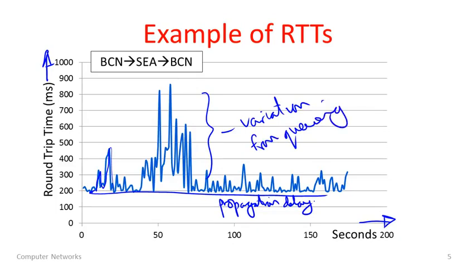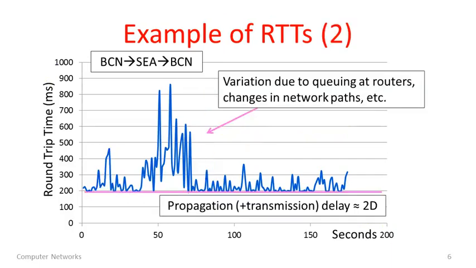When packets get queued inside routers and they compete with other traffic from different flows, it takes them a while to cross the network. So the round trip time really does jump around. Here it's moving from around 200 milliseconds to almost 900 milliseconds, so that's a substantial variation. Let me clean that up there, and this is the original data.